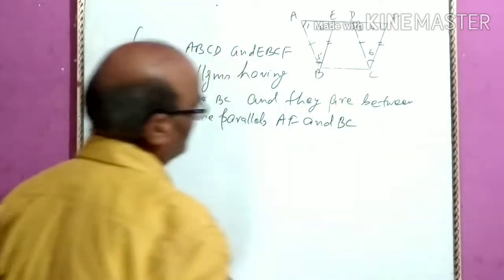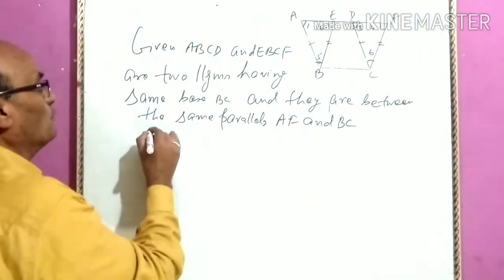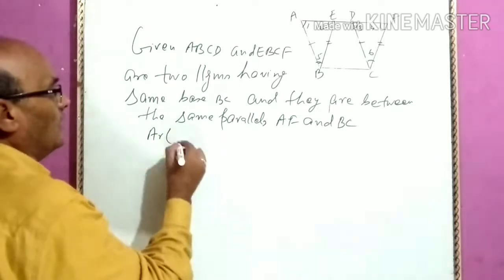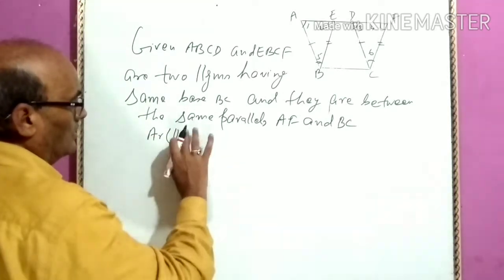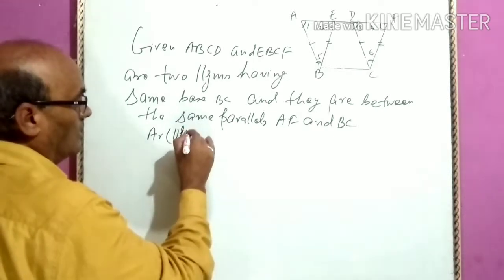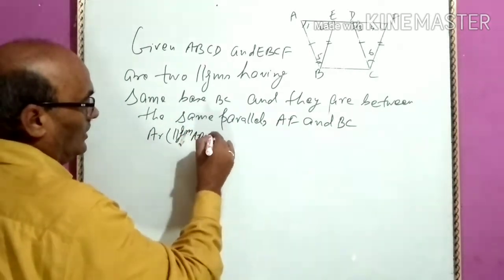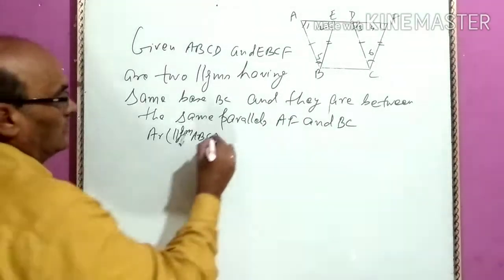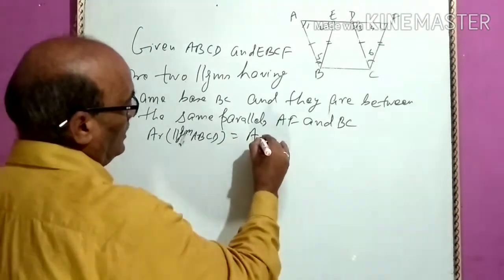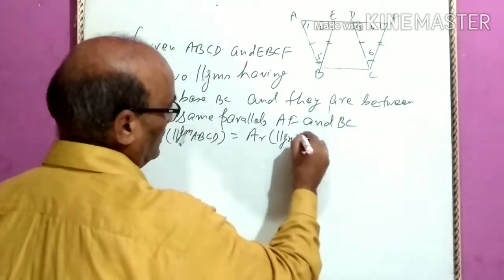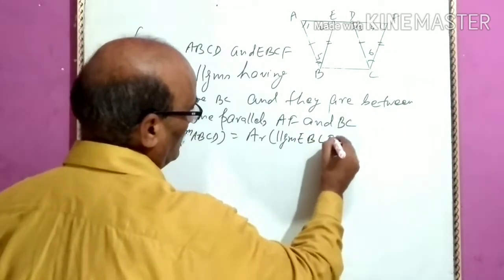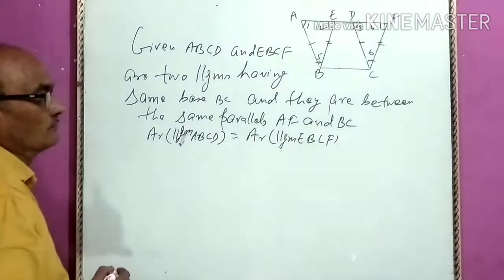We have to prove that the area of parallelogram ABCD is equal to the area of parallelogram EBCF.